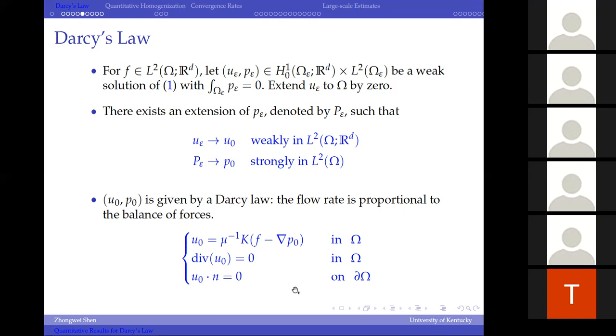The Neumann problem has a unique solution up to a constant. So the limit is uniquely defined here.